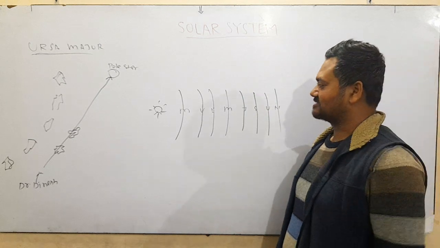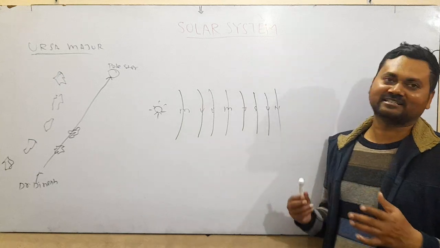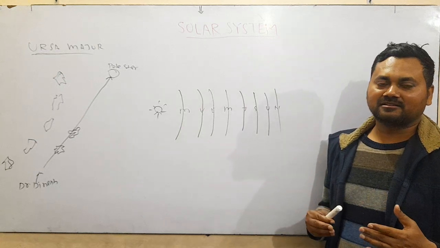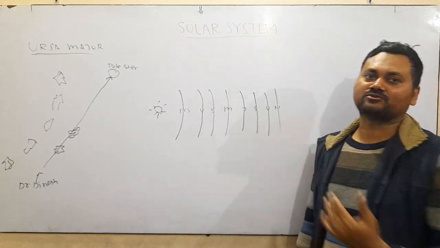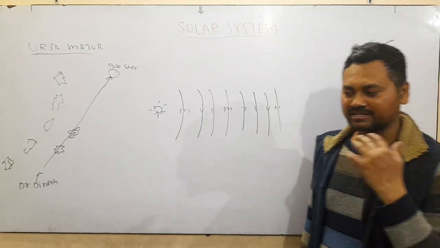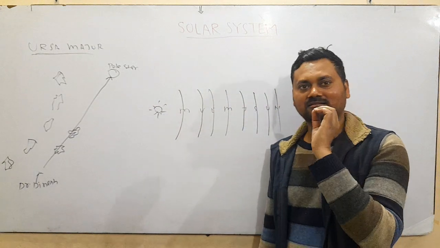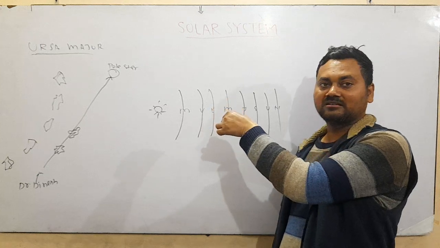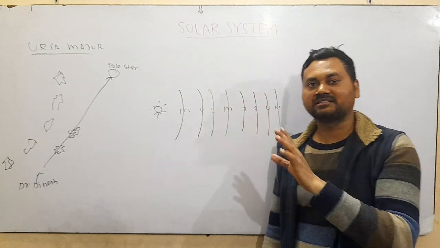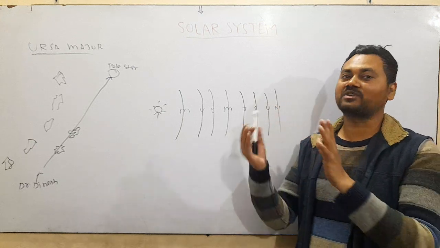There are two planets here which rotate just opposite to the direction of the Earth's rotation. Earth rotates from west to east, and other than these two specific planets, the rest of the planets rotate in the direction Earth rotates, meaning west to east.